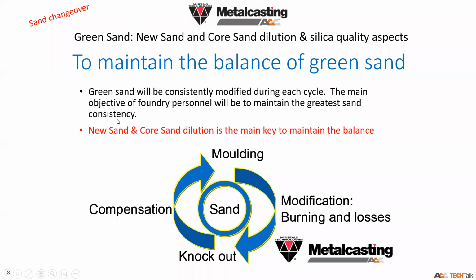And new sand and coarse sand dilution is one of the main key to maintain this balance. What is the purpose? You want, in fact, to compensate the modification due to burning and losses of sand. Well, so that is easy to say, but a bit more difficult to do. And I want to explain the principle of changeover time for you to understand this part well.